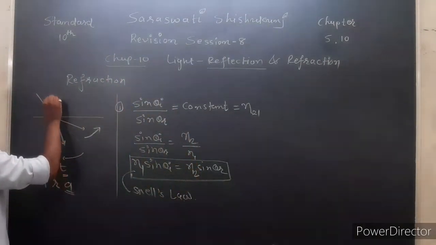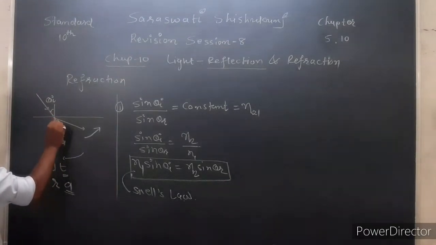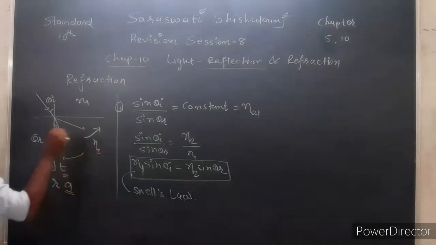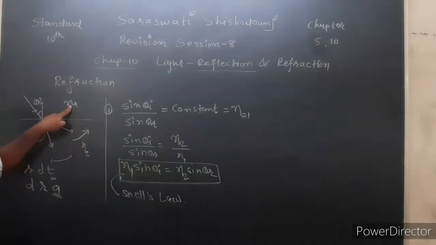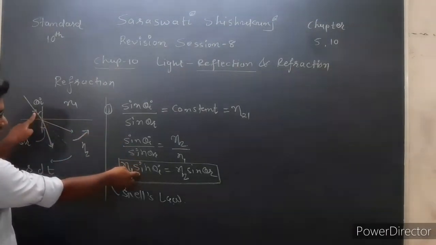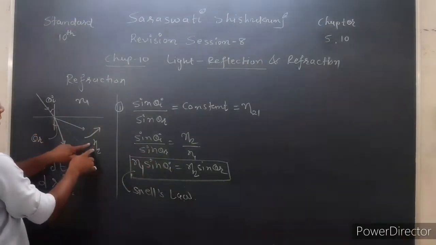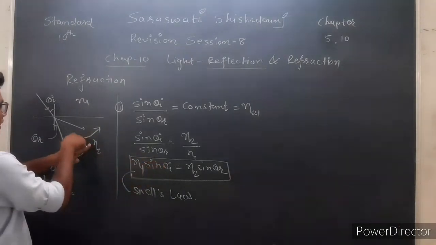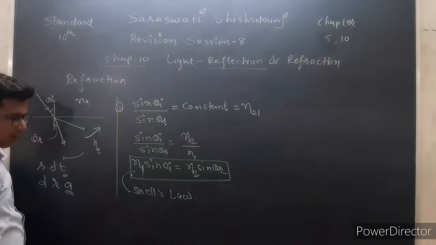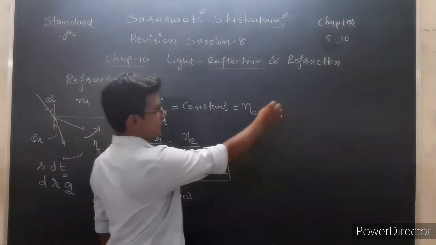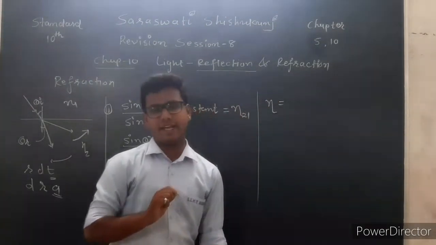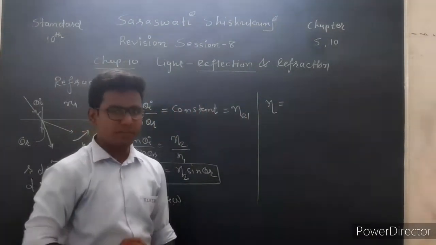Right here, this will be our theta i, and if we are taking this, this will be our theta r. This is our eta 1 and this is our eta 2. So the refractive index of the first medium with the sine function of the angle is equal to the refractive index of the other medium with the function of sine theta r. Right? So this is our Snell's law. Now this eta means our refractive index, and what does this refractive index mean?